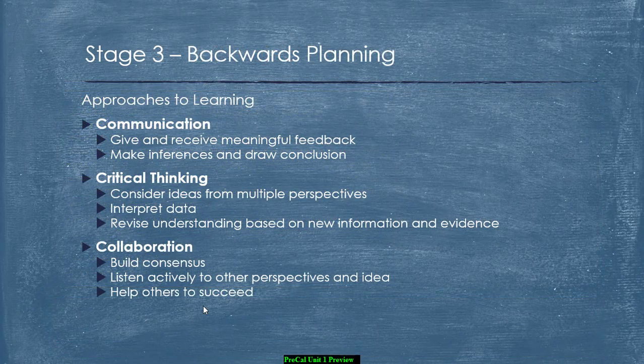So let's think about backwards planning. In our approaches to learning, we have communication, critical thinking, and collaboration as our highlighted approaches to learning. We want students to give and receive meaningful feedback, make inferences, and be able to draw conclusions about sequences. Critical thinking, they should be looking at multiple perspectives, whether that's a table, a graph, or maybe looking at multiple perspectives of each other, of how they've interpreted those graphs and data.